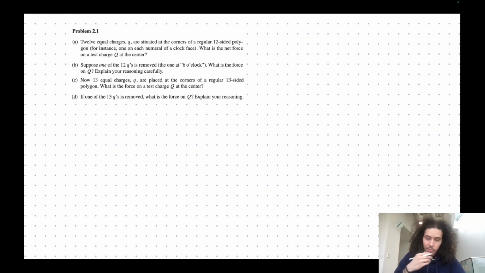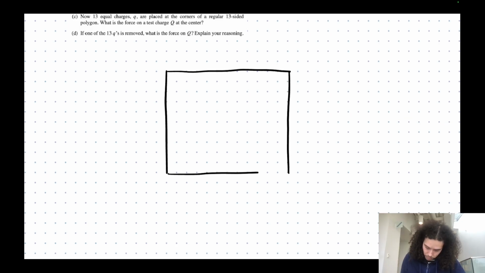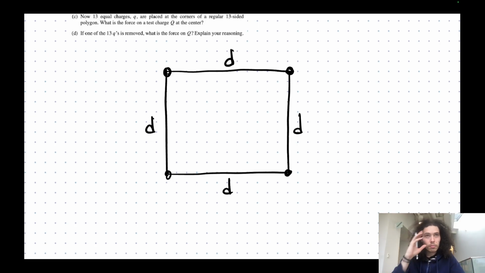Instead of a 12-sided polygon, let's do a 4-sided polygon. Say a square. Suppose the sides of this square are exactly the same, even though I might not have made them exactly the same.